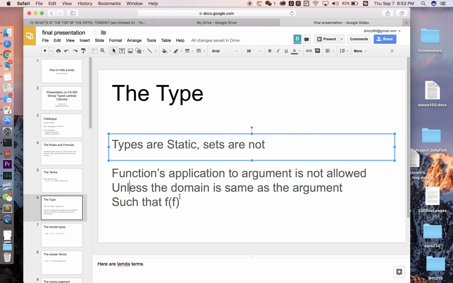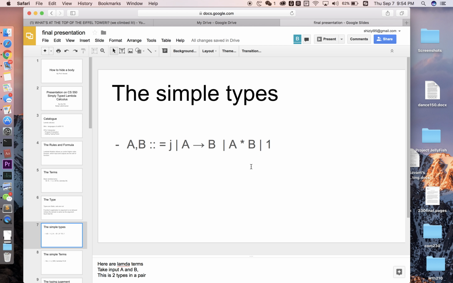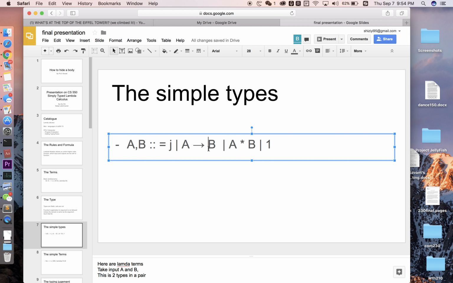Function application to an argument is not allowed unless the domain is the same as the argument's type, such as the example here, a function which takes in the value of a function. That is the special attribute of the typed lambda calculus. And then here's the simple type. It takes the inputs A and B, and these are two types in a pair.